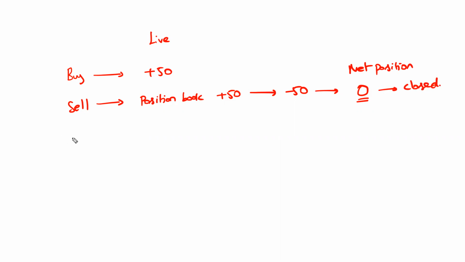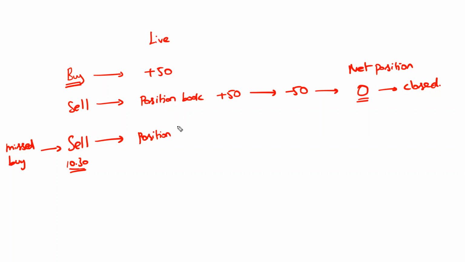Let's say you are coming in around 11 o'clock, and somehow you missed the buy signal. And now a sell signal is getting generated, let's say at 10:30. What will happen if you look into the position book?